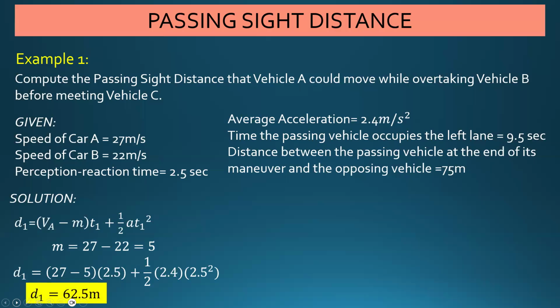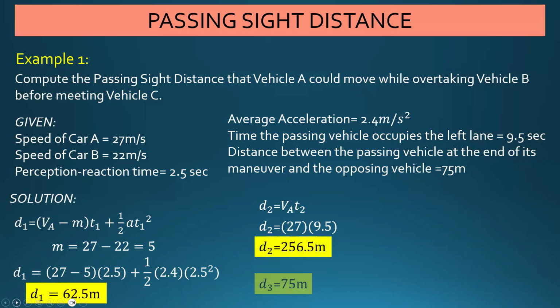Okay? Now let's compute for d sub 2. D sub 2 is just the product of the speed of the passing vehicle and the time that it occupies the left lane. So that is 27 meters per second times 9.5 seconds. We will be able to get a d sub 2 of 256.5 meters. Now, d sub 3 is already given.